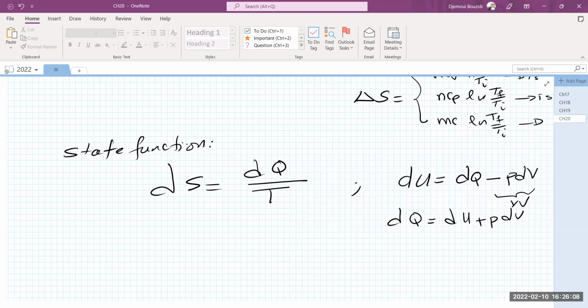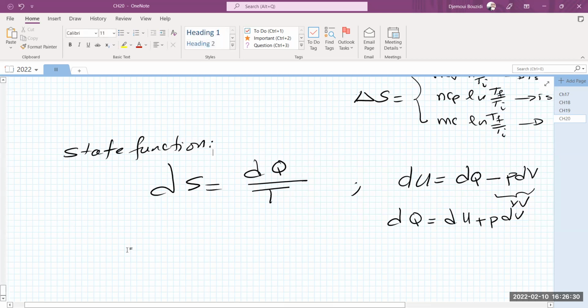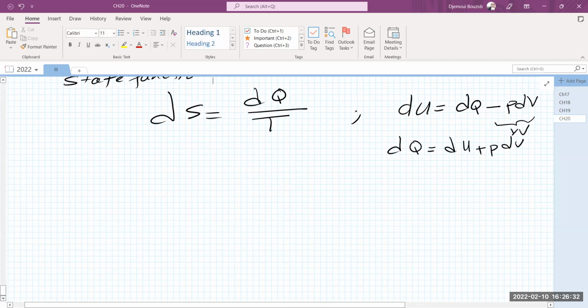Meaning that it only depends on that state and that state alone, unlike Q and W, which are not state variables and depend on the process. That's why instead of expressing the behavior of the system in terms of the energy, we actually can express it in terms of the entropy. So this is another way of expressing the entire state of the system. So this is what we're going to do now.